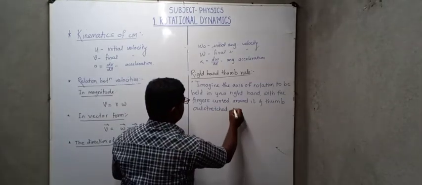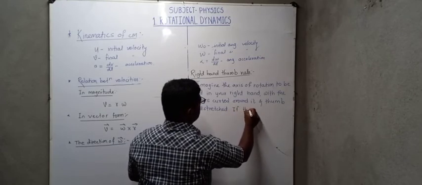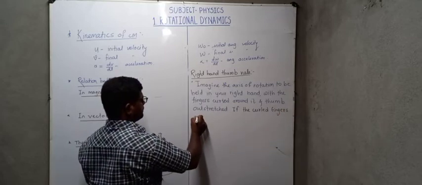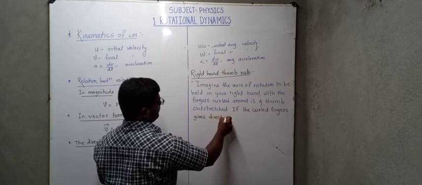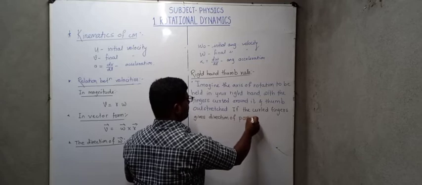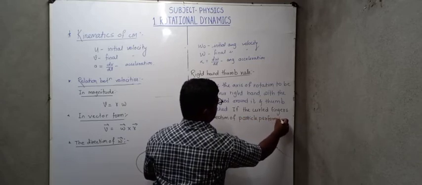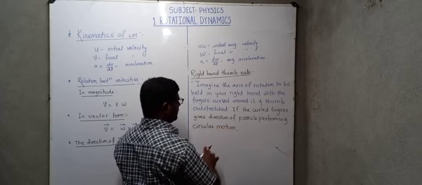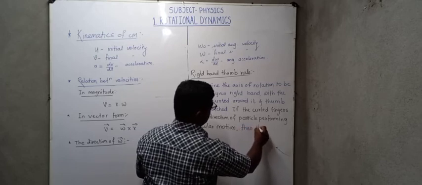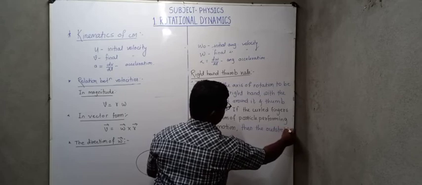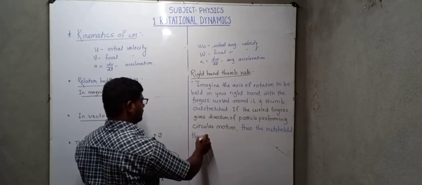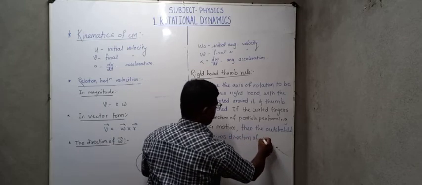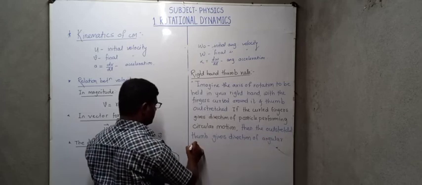If the curled fingers give the direction of the particle performing circular motion, then the outstretched thumb gives the direction of angular velocity vector.